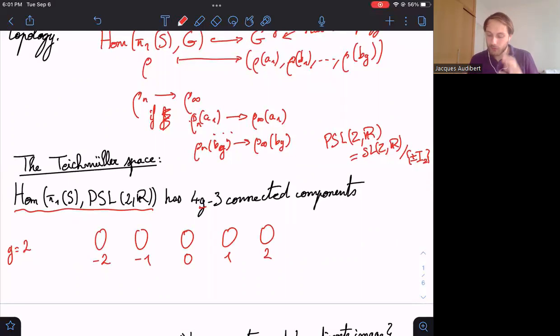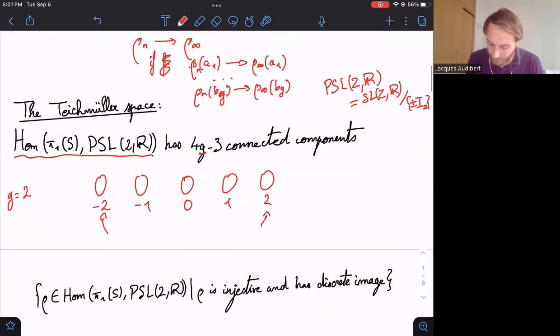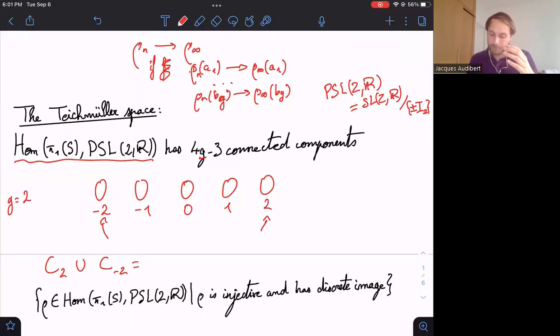And the two extremal components really play a special role. Let's call them C2 and C minus 2, which I mean the connected components labeled by 2 and by minus 2. Those are exactly the representations that are both injective and have a discrete image.